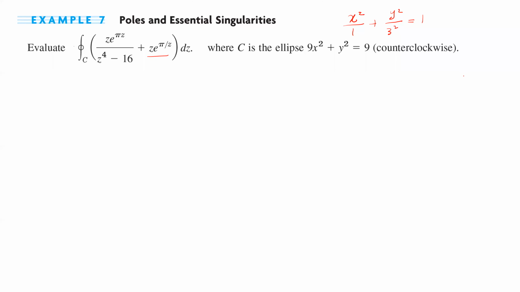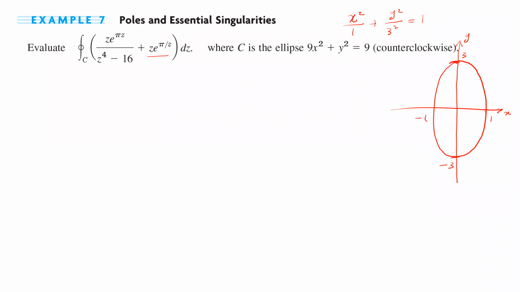So the path is an ellipse like this. It is 3 times more height than the width. Okay, 1, negative 1, negative 3, and 3, right? This is the path of integration.